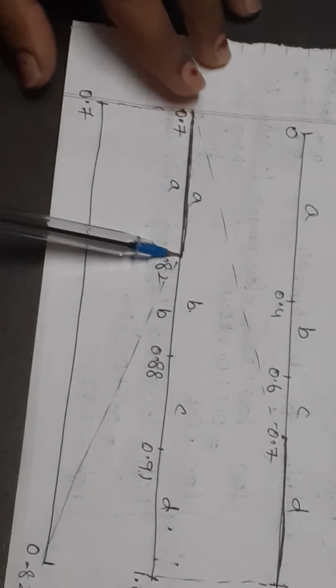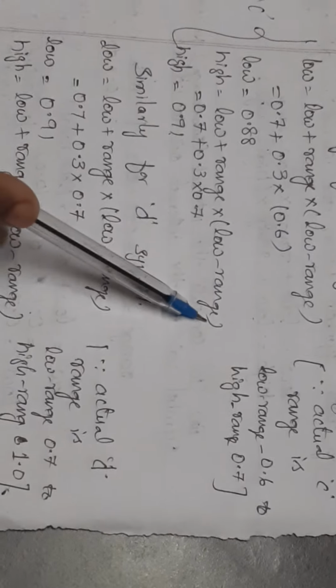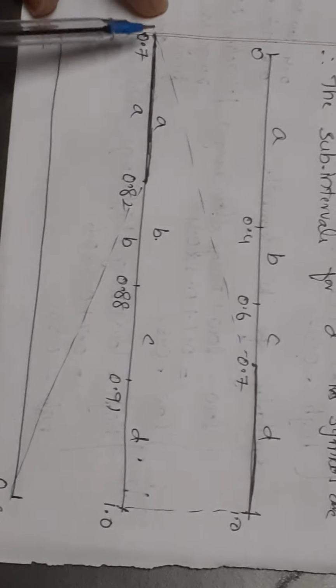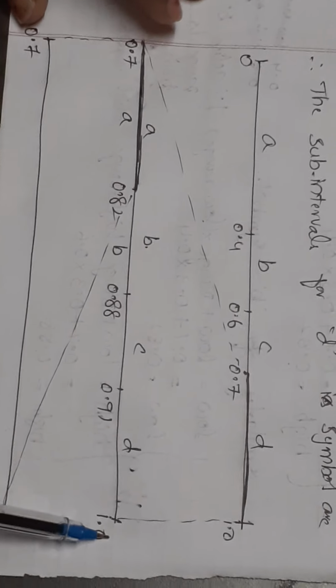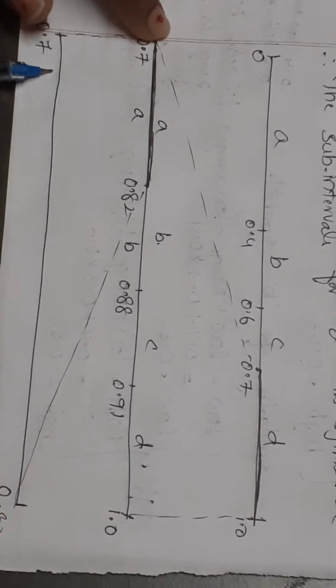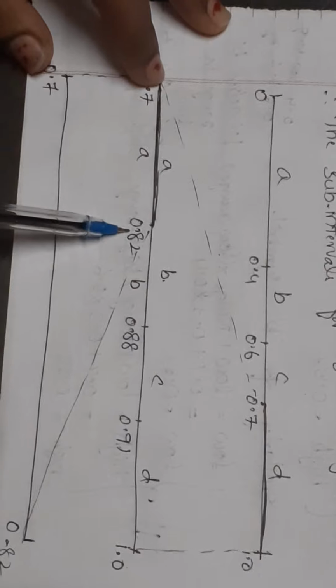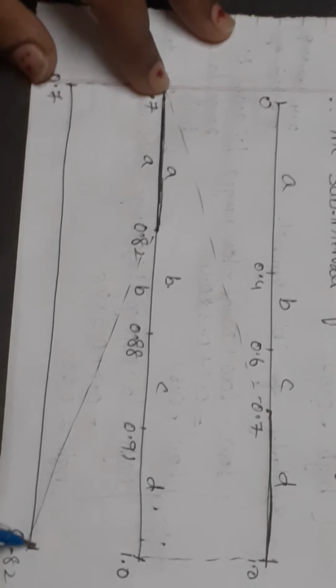Using the same procedure, the low equation is low plus range times low range, and high is low plus range times high range. Using the same equations, you have to subdivide the total 0.7 to 1 interval as 0.7 to 0.82, because the a bit you are transmitting.